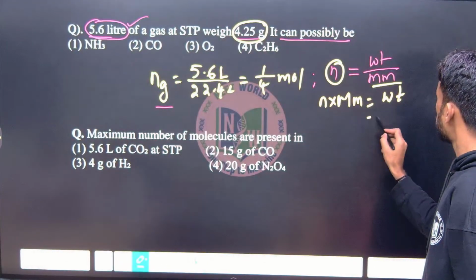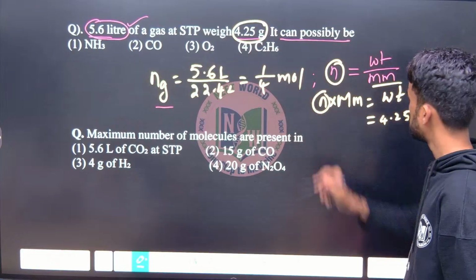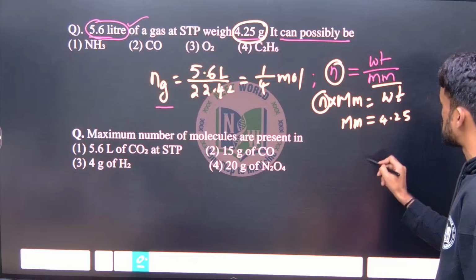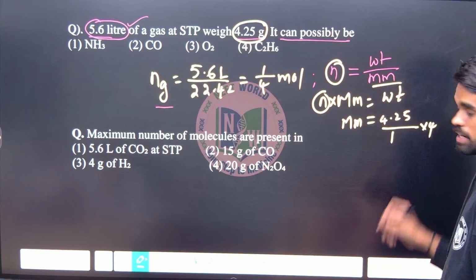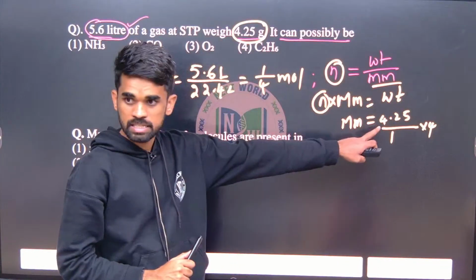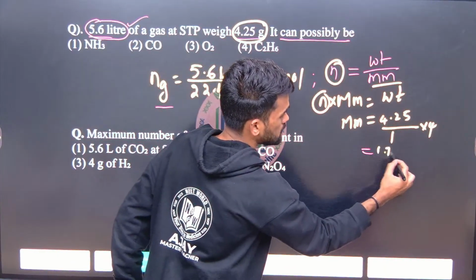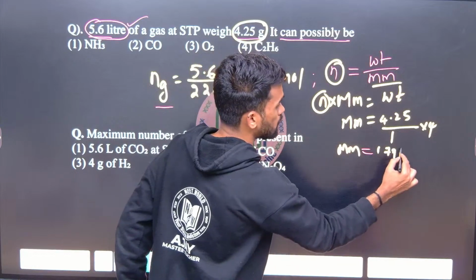So we got 4.25, and what about number of moles we got? So now from this I can find molar mass equals to 4.25 into 4. Shall I write like this? Yes. So now what is the answer for this? If you multiply, you will get 17. What is the molar mass of that gas? 17 gram per mole you got.